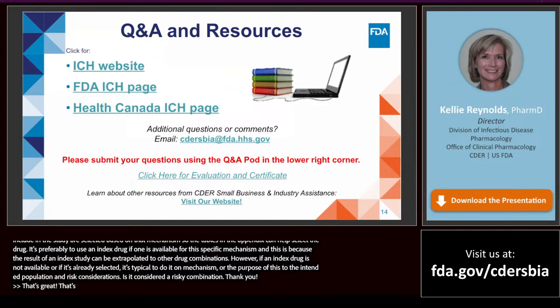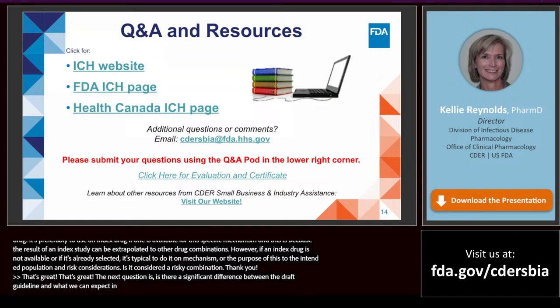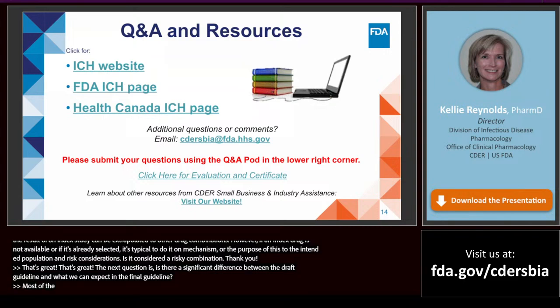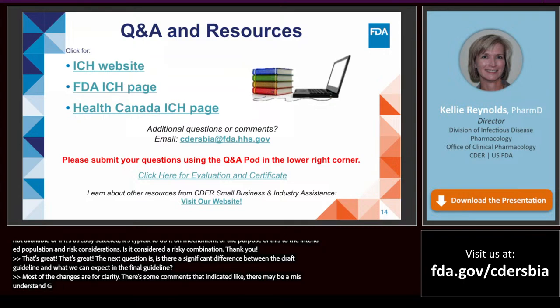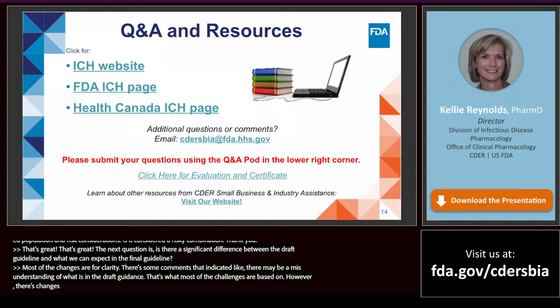The next question is, are there significant differences between the draft guideline and what we can expect in the final guideline? Most of the changes were really for clarity. There were some comments that indicated that there might be a misunderstanding of what was in the draft guidelines, so that's what most of the changes were based on. However, there were some changes, and this includes some topics that I included in my presentation.